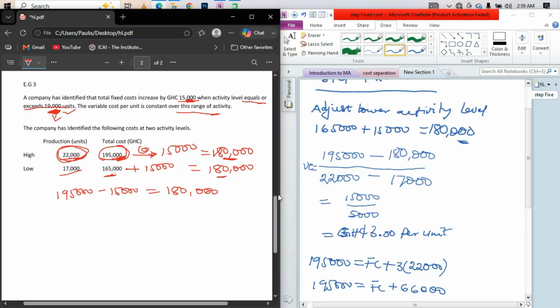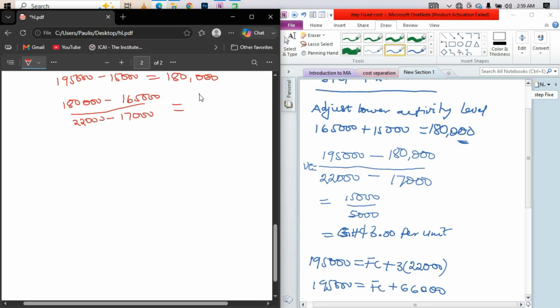So the high activity level, the cost is 180,000 minus the low activity, which is 165,000, divided by 22,000 minus 17,000, and this will give me 15,000 and this will give me 5,000.